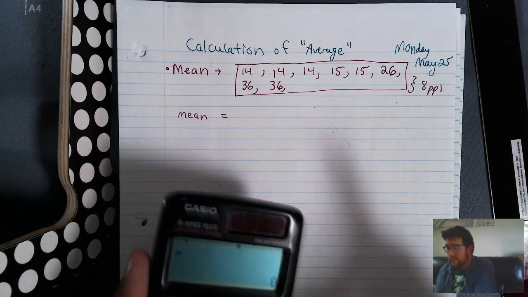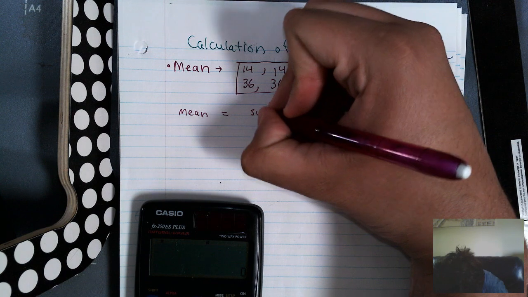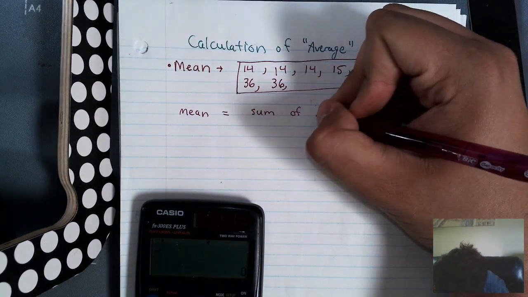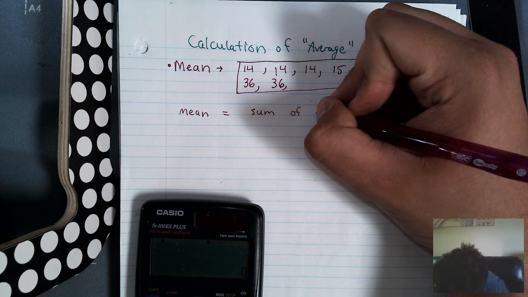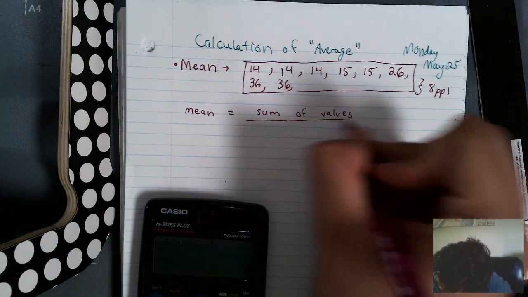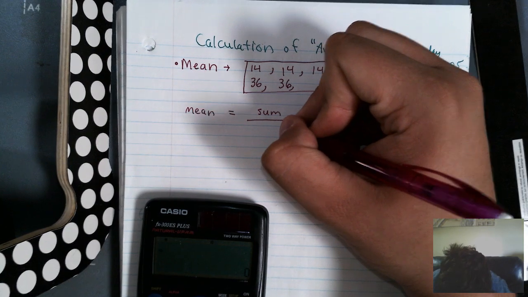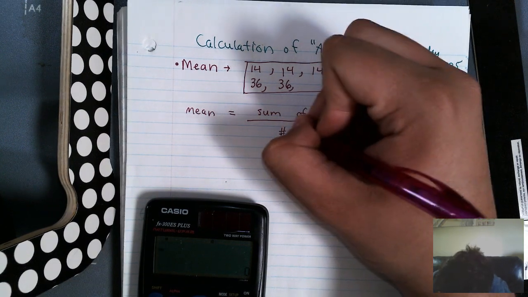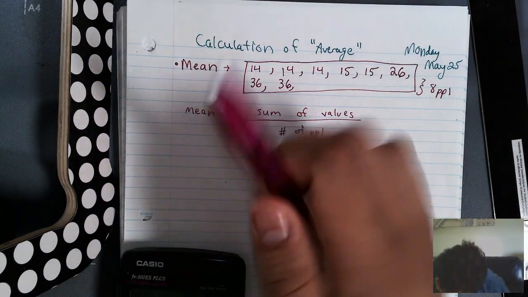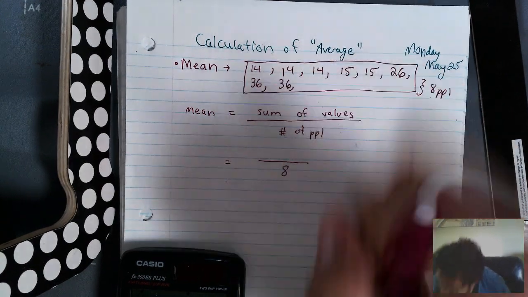I'm just going to put sum of the values, I guess. And then we take that sum and we divide it by the number of people. We know that it's going to be something divided by 8 people.